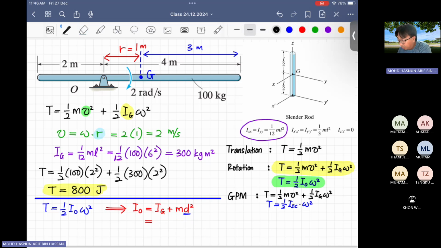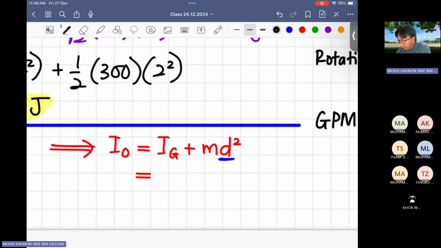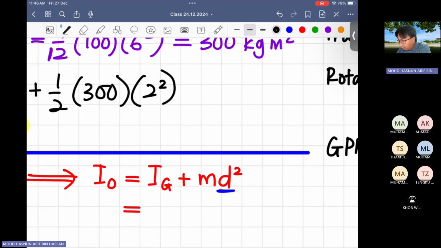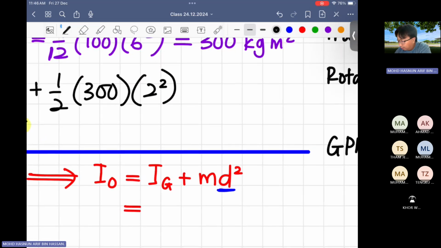Now let's go back to the alternative formula, which is 1 over 2 IO omega square. We need to find the value of IO. IG we already have, which is 300. IG is 300 plus M is 100.